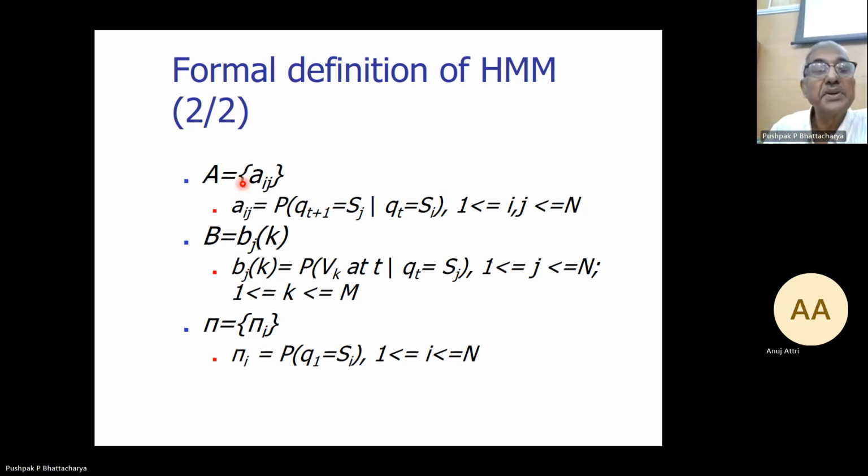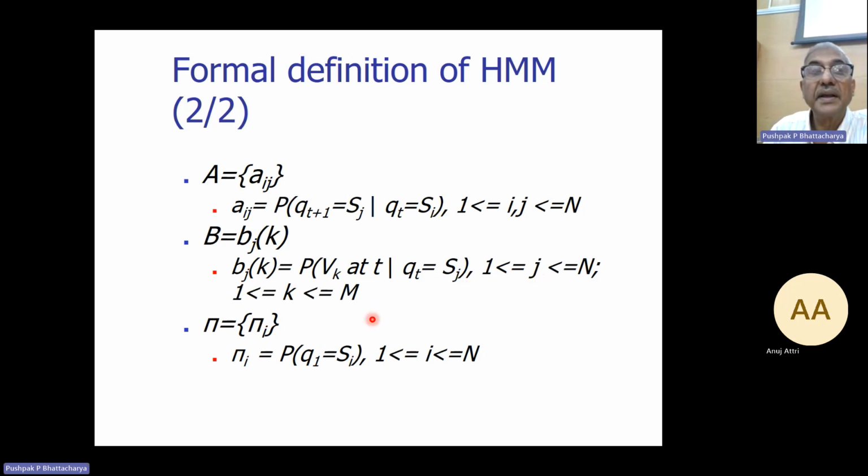So the notation wise, Aij is the probability of Qt+1 equal to Sj given Qt equal to Si. I and J vary from 1 to N. So what is the probability of taking up state number J from state number I? Bjk is defined as the probability of Vk at t given Qt equal to Sj.